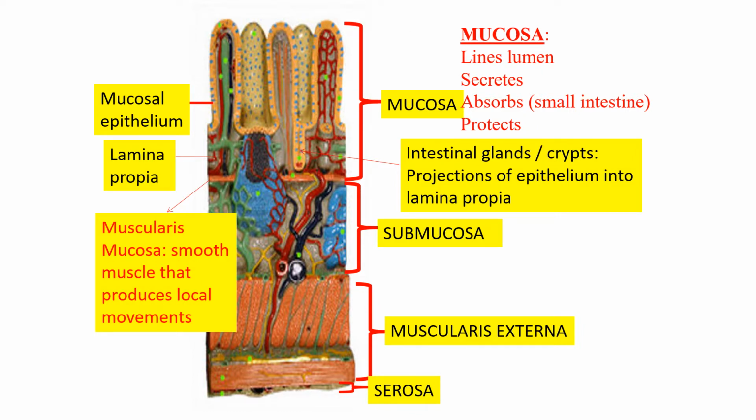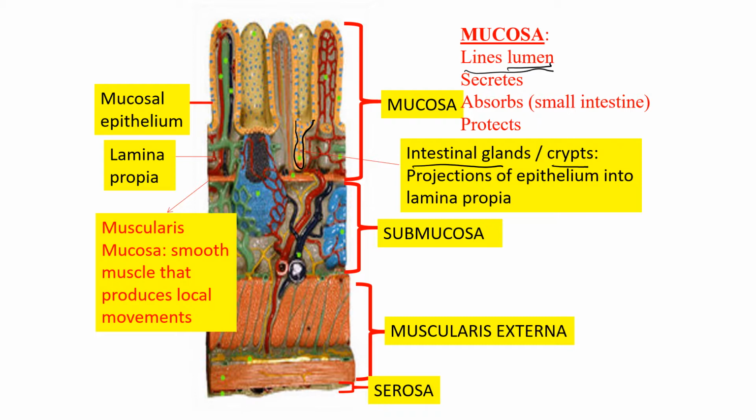Notice that the mucosa of the GI tract at certain places is going to fold inward into the lamina propria, creating glands or crypts. The cells within those glands or crypts have specific purposes. So the intestinal glands or crypts are folds of the lining of the lumen.